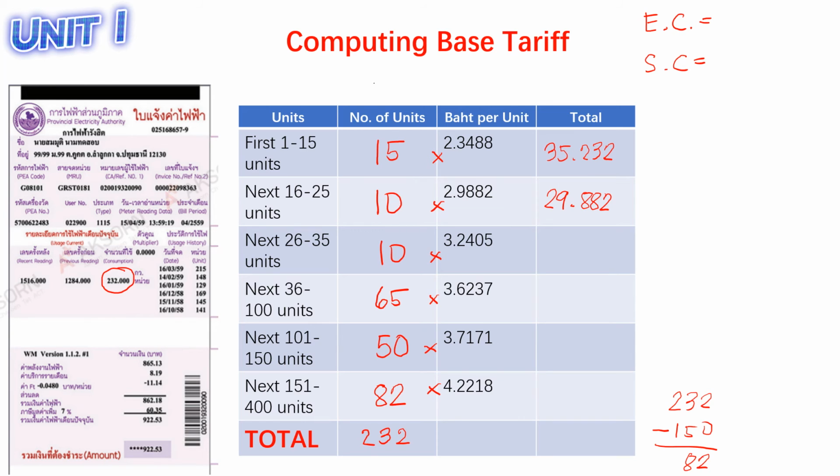Then we have here 32.405. Next, you have here 235.5405. Next is we have your 185.855. And then we have here your 346.1876.